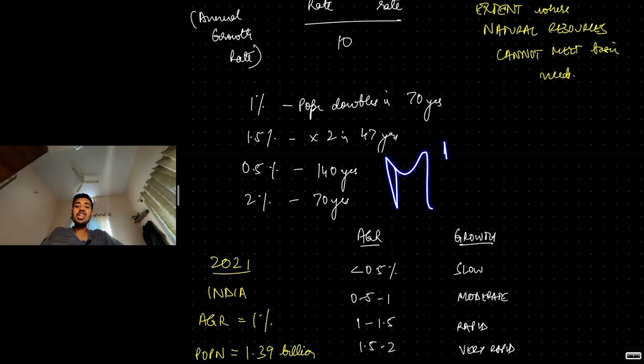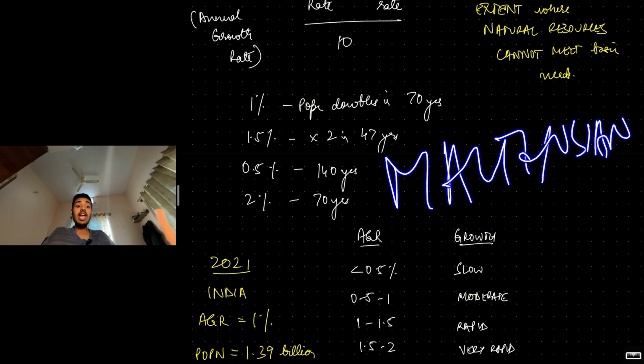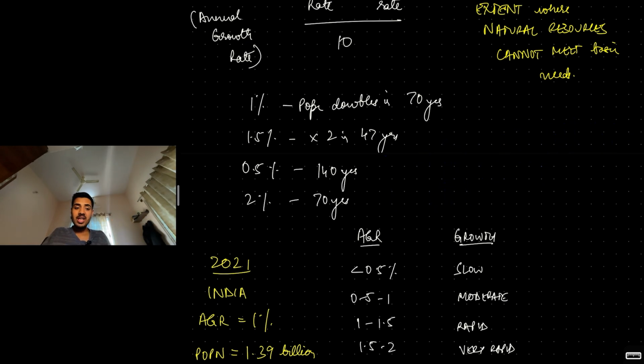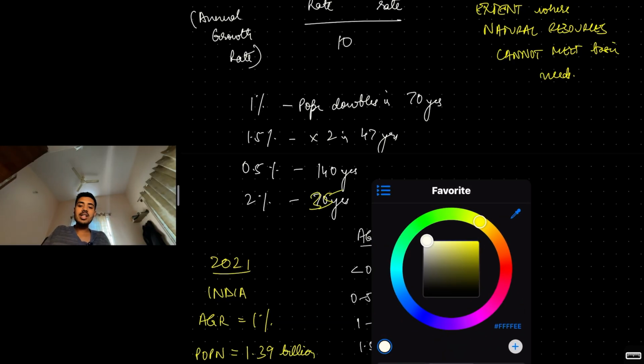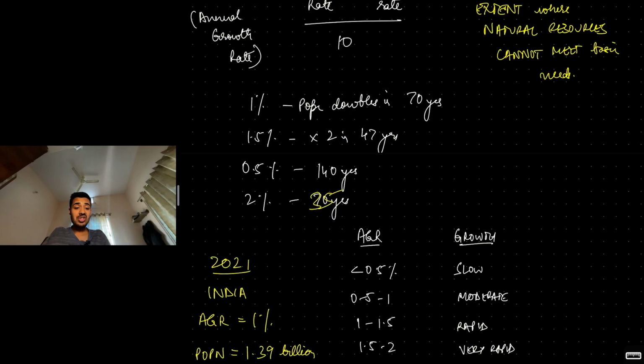Malthusian model says if the annual growth rate is 1%, the total population will double in 70 years. So if you take it as 2%, total population will double in 35 years. If you take it as 1.5%, it will double in 47 years. If you take it as 0.5%, it will double in 140 years.